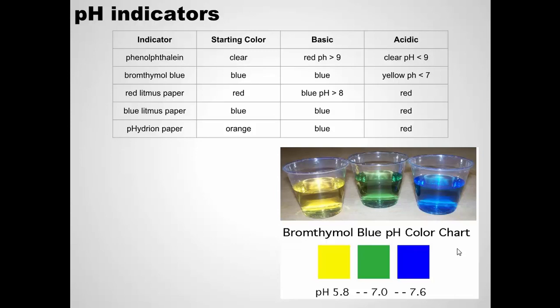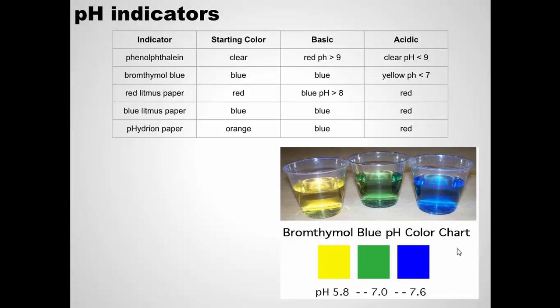When it's basic, a pH above 7.6, it's blue. When it gets to be neutral, it's green. When it gets to be acidic, then it's yellow. So what pH is this? Above 7.6, somewhere above that. We don't know exactly, it's just somewhere above that.